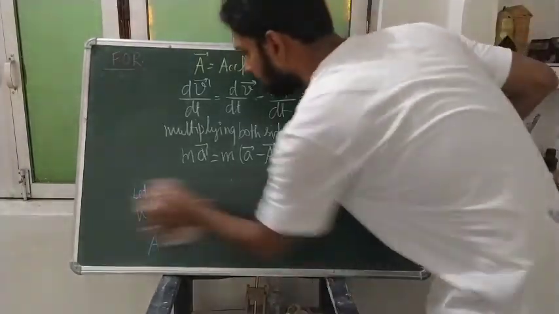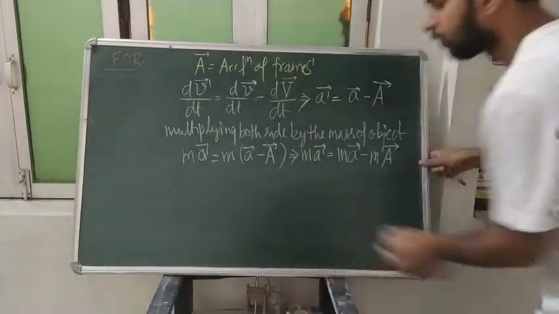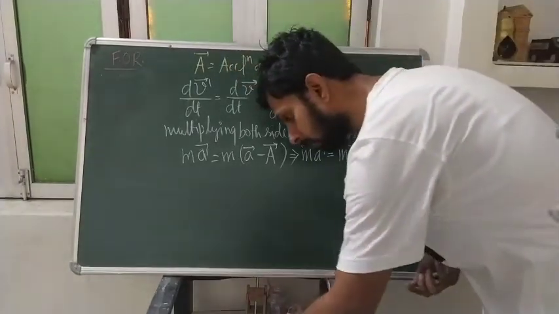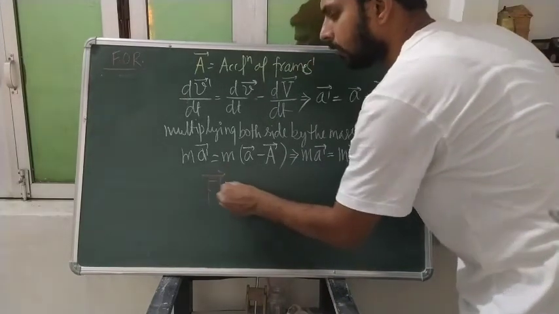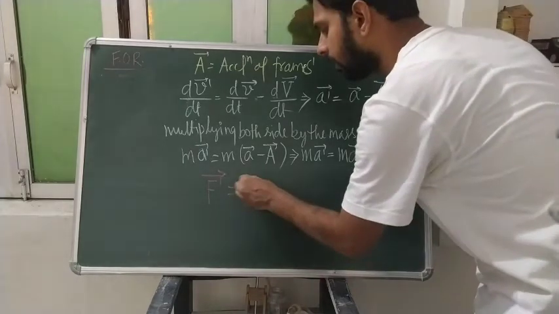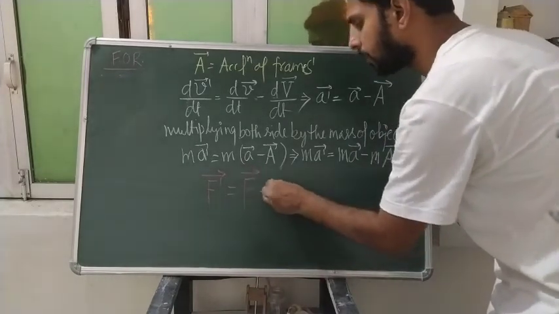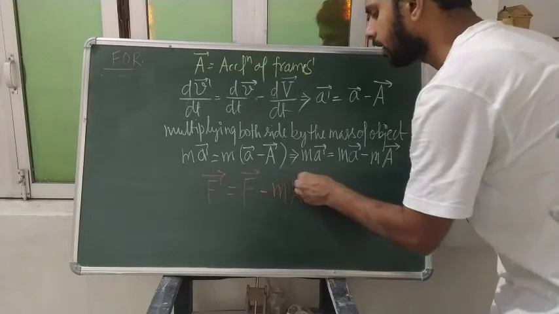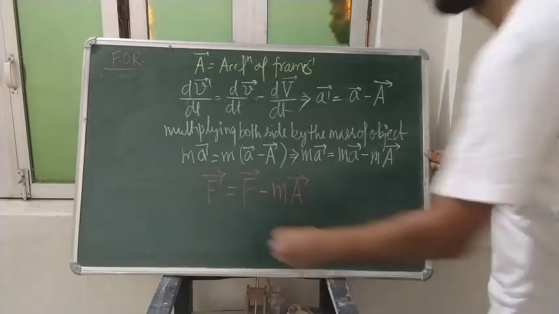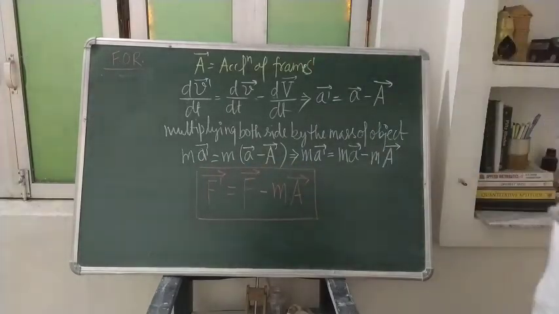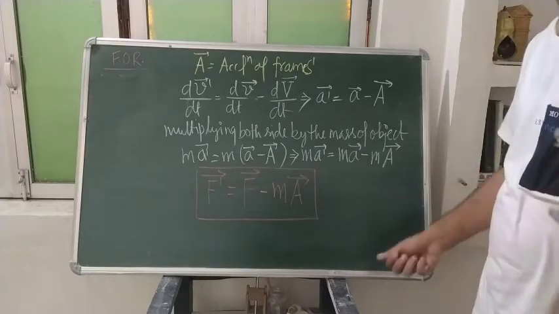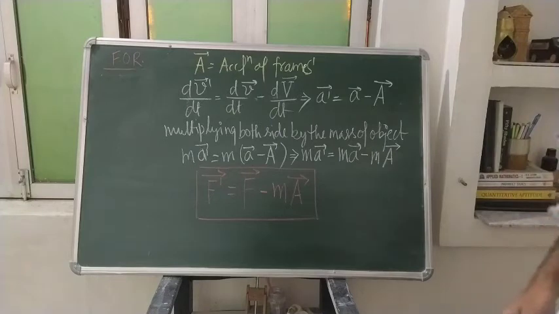And this, mass into acceleration, is nothing but our force, and this capital F prime vector will be equal to that capital F vector minus m times the capital A vector. Is it? Now we are seeing that the forces are not coming identical, and the frame of reference will become a non-inertial frame of reference. So right up to here, you can have this screenshot.